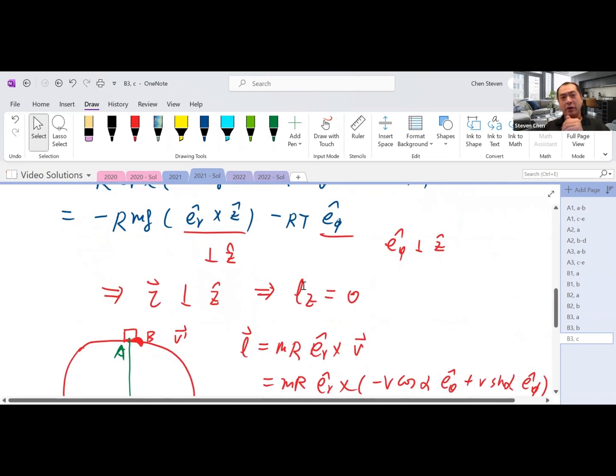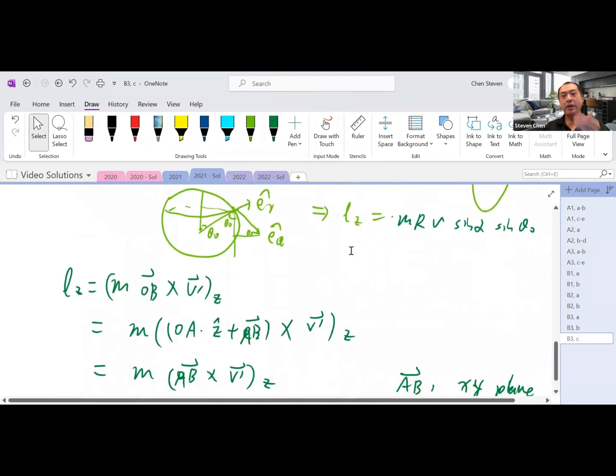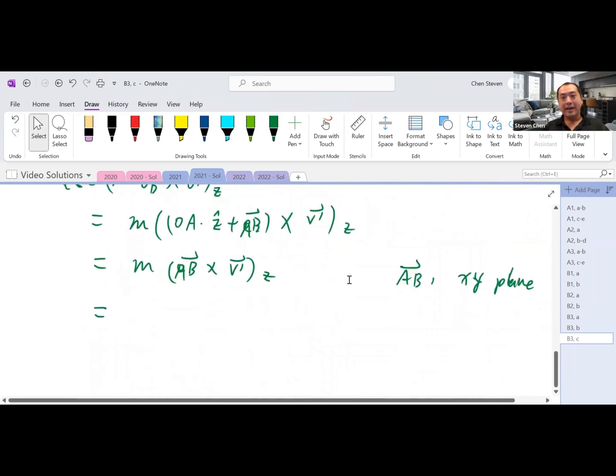So let's think: when alpha is too big, we cannot even go up to the top of the North Pole. So it means that at this threshold point, B prime doesn't have its z component velocity anymore. So it's purely on the xy plane, right?